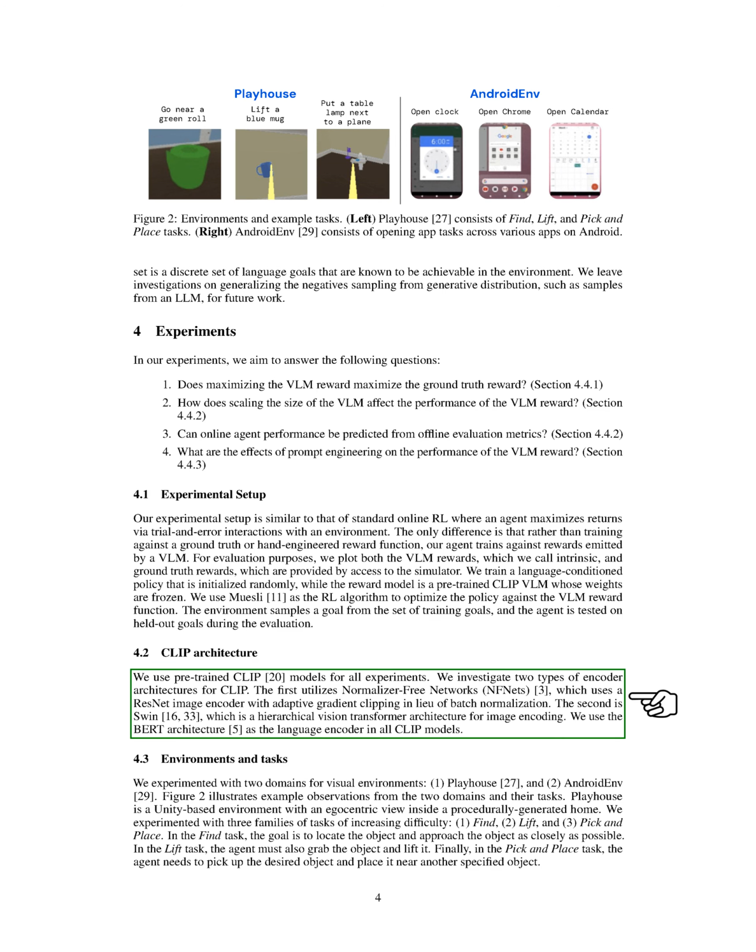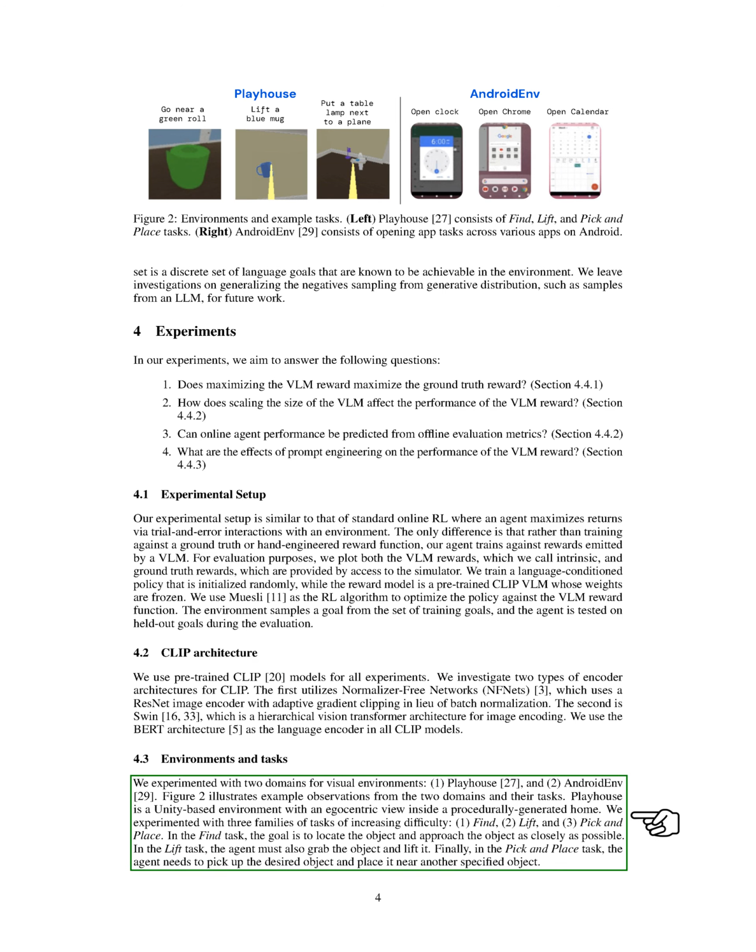Section 4.3 Environments and Tasks. In Section 4.3, we discuss the environments and tasks we used for our experiments. We used two visual environments, Playhouse and Android Env. Playhouse is a virtual environment created with Unity, where the user has a first-person view inside a randomly generated house.